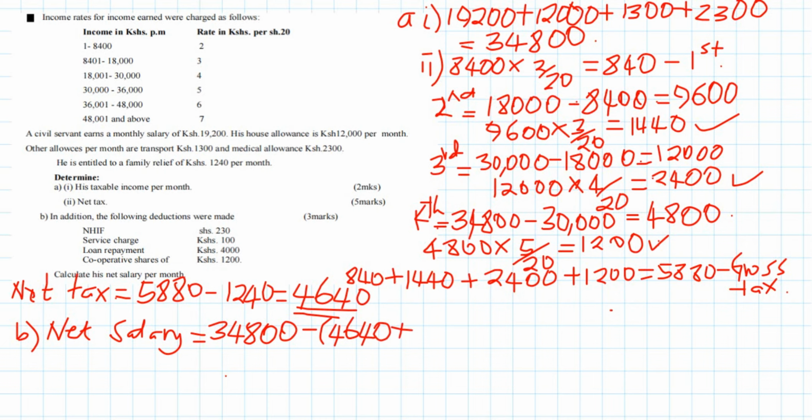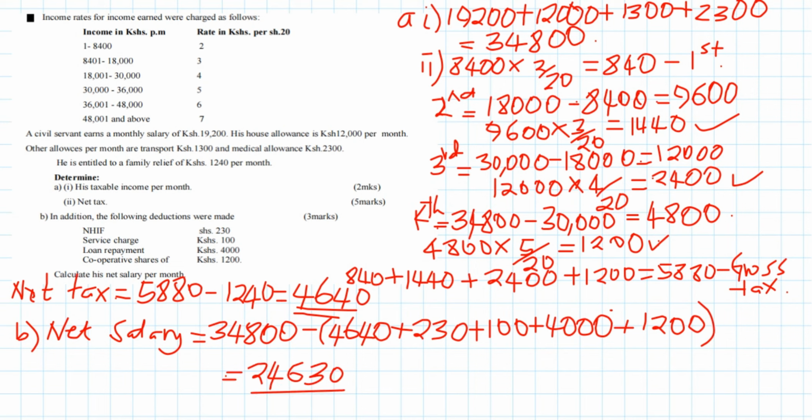And then we sum that with 230 plus 100, and then plus 4,000 plus 1,200. And then when we deduct everything from the gross pay, we are going to obtain 24,630. So this 24,630 is the net salary that this employee received for that month.